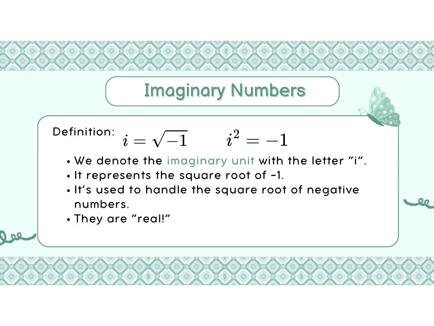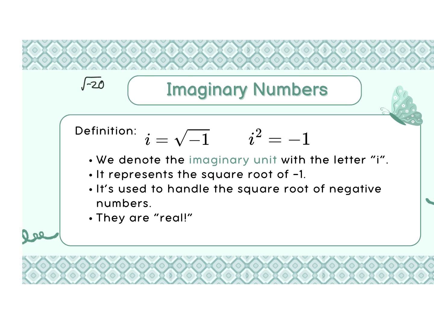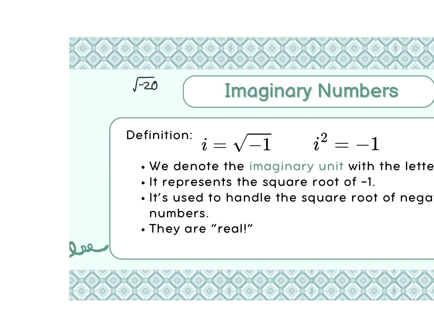But what an imaginary number essentially is, it's used to handle the square root of any negative number. Let's say I had the square root of negative 20. We don't really know where it's going to fit on a number line. Think about the number line that you learned since elementary school.